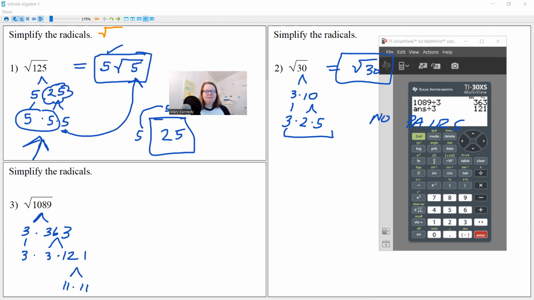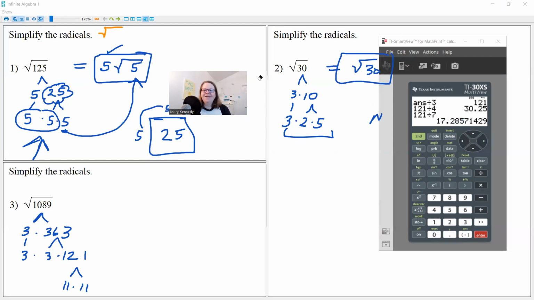Now, if it didn't, then we could try other numbers, right? You could do 121 and divide by 4. You get a decimal, so it's not a factor. It doesn't end with a 5, so it won't divide by 5. It won't divide by 6 because it didn't divide by 3. We could try 7, 121 divided by 7, and we get a decimal. I see that my writing is covering that up, so I want you to be able to see it.